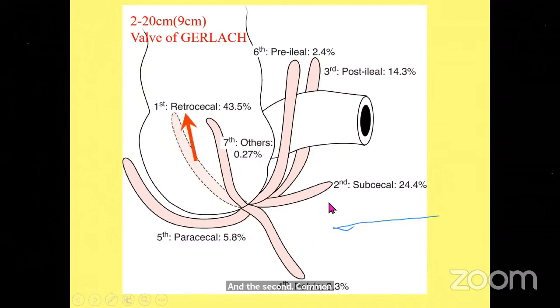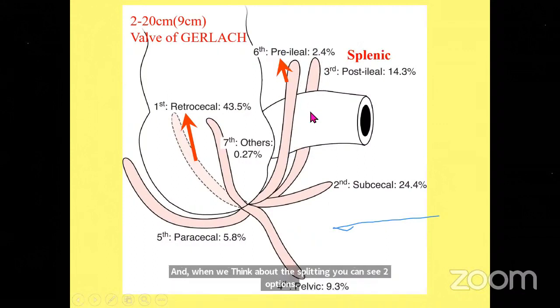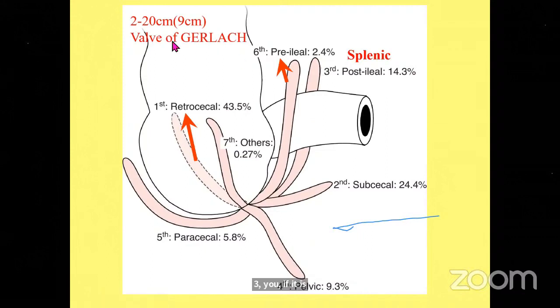And when we think about the splenic, you can see two options: pre-ileal, if it is lying in front of the ileum, and post-ileal. Can someone say which is the most dangerous position, pre-ileal or post-ileal? Among the two splenic options, which is considered dangerous?